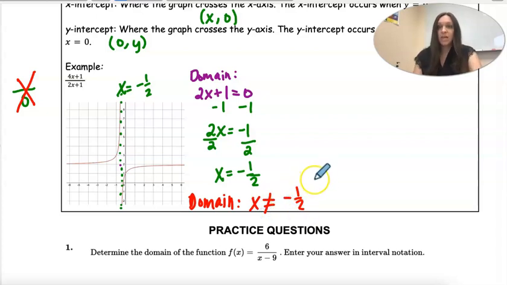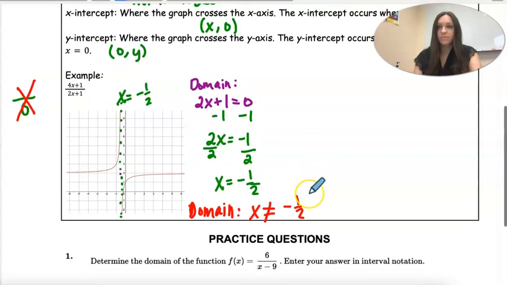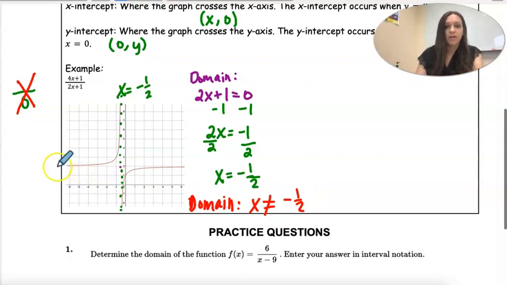Okay, so let's write that in interval notation. And I'm going to write it over here. So look at our graph. It goes forever and ever and we're looking at the x-axis, domain is x, all the way to negative infinity.